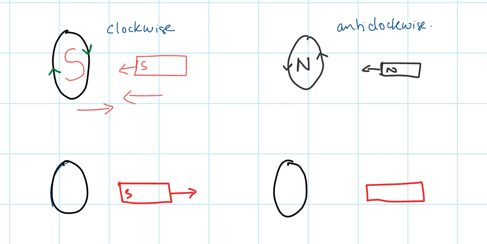Now you are pulling the bar magnet, or any magnetic source which has the south pole facing the coil, away from it, and also you have this north pole. You pull that north pole away from the coil. What will be the direction of the induced current? Can you guess? If you want to guess, please pause the video and guess your answers, and then you can replay.